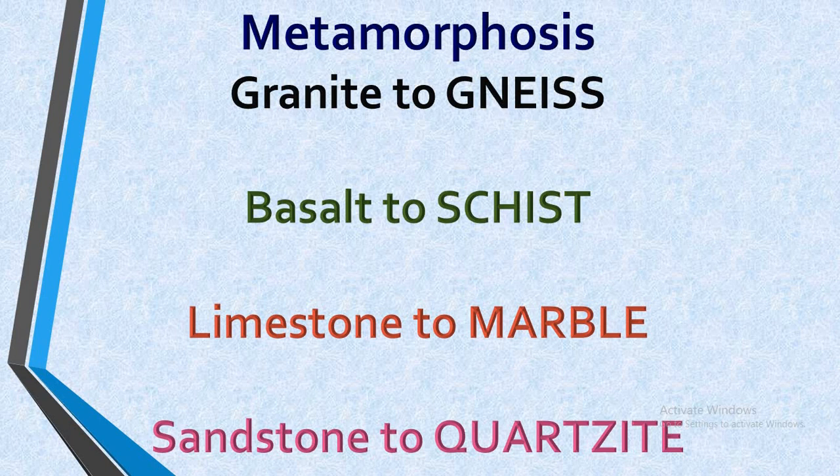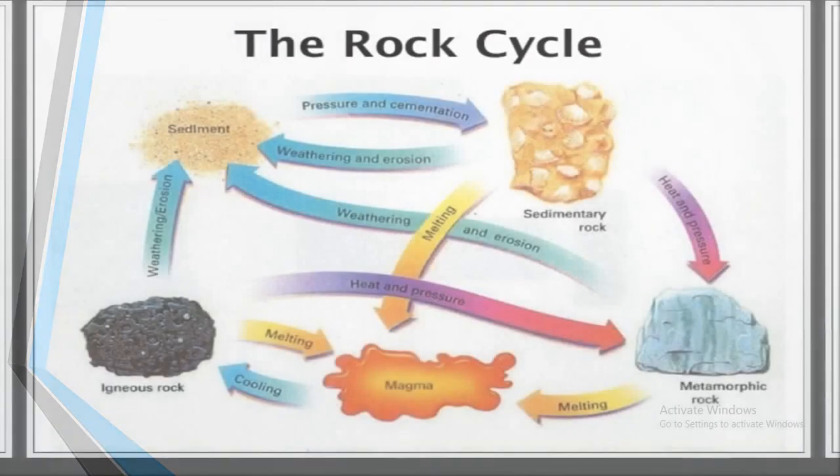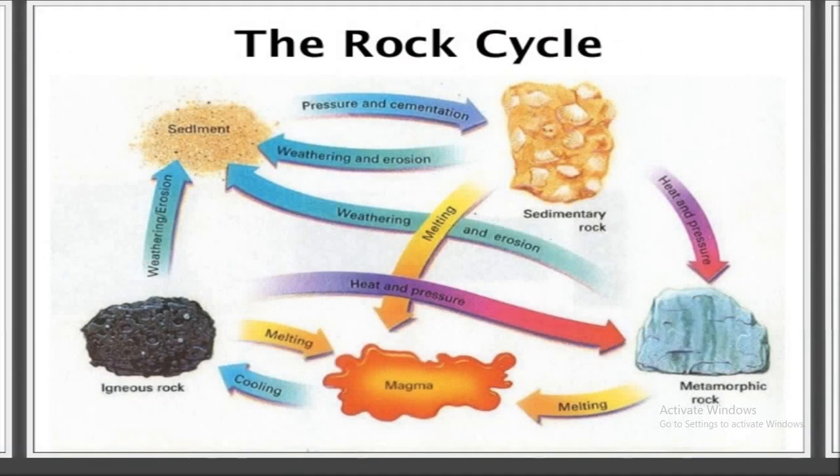Hope you understand clearly. Well, just look at this figure, the rock cycle. We'll start with igneous rocks, that is our mother rock or primary rock. Due to weathering and erosion, it changes its form to give sediments, that is silts.